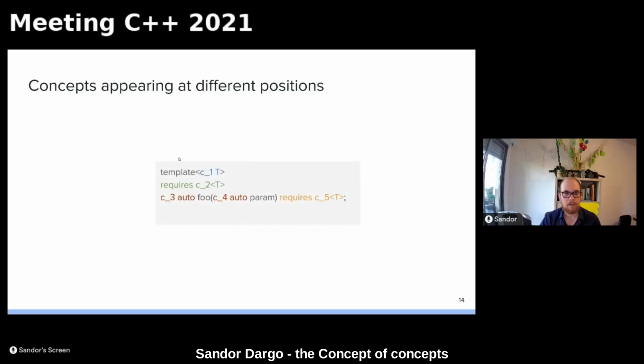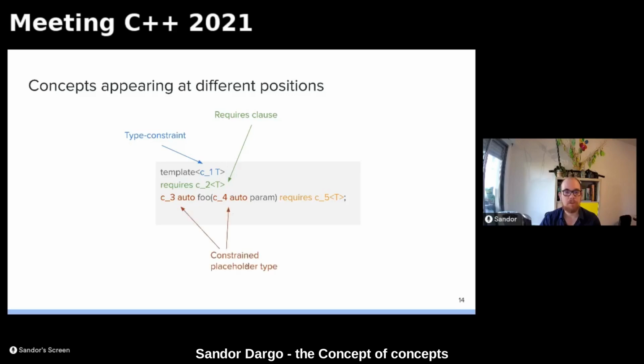For the time being, I just want to show you these different positions, and I use a function template for that. So it can come, as we already saw, in the template parameter list instead of the type name. We can use it as a type constraint. Often we call it like a shortened notation. You can use it in a requires clause that comes after the template parameter list.